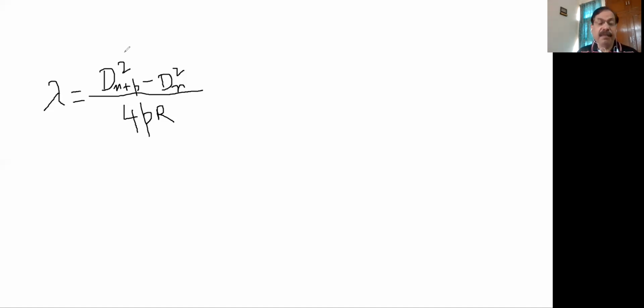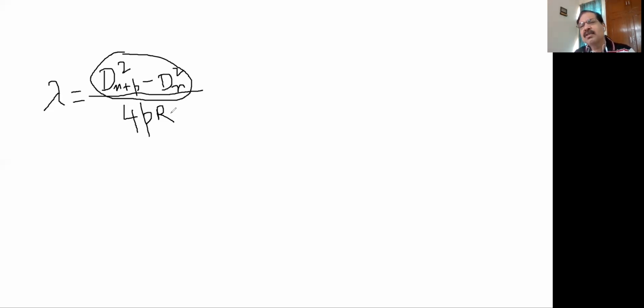Putting in this value from the observation table, p is any integer. I used 5 here, but you can use 6, 7, 8; it depends on you.